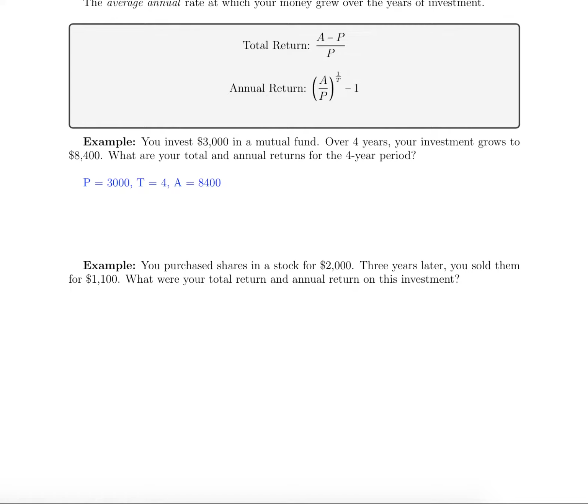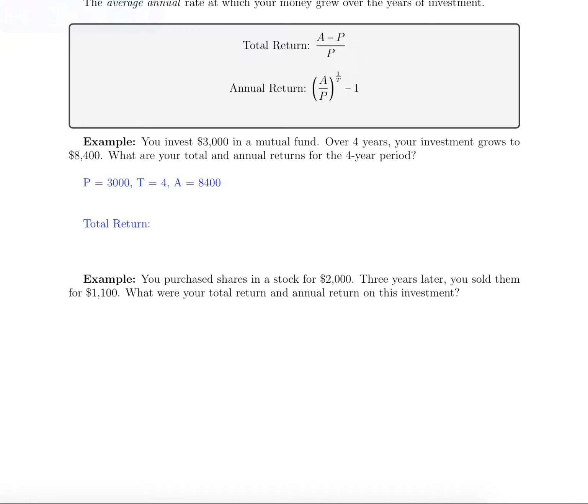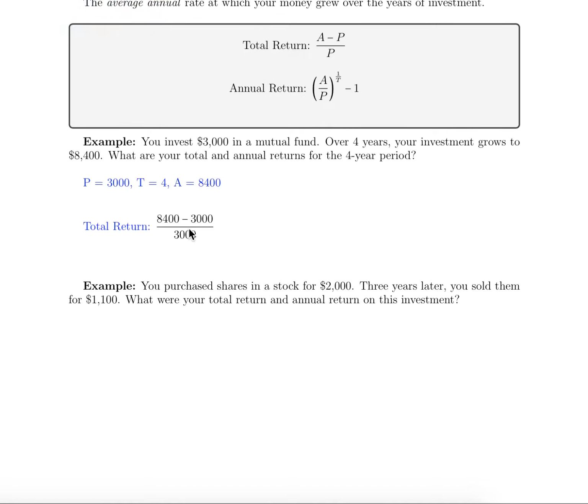And then we can just plug all of these directly into the total return formula up here. So total return, on top we have A minus P, which gets us 8,400 minus 3,000. And the denominator is just P, so 3,000. 8,400 minus 3,000 is 5,400 over 3,000.